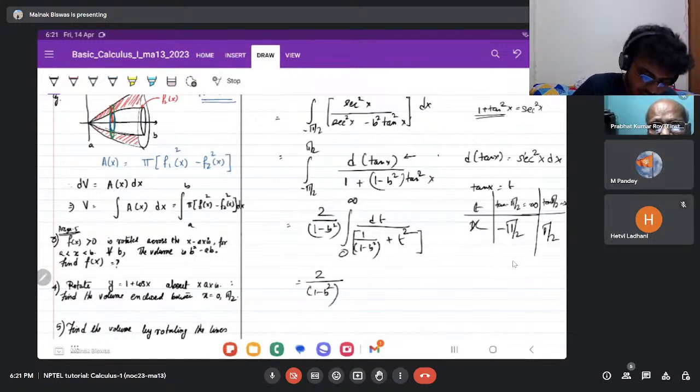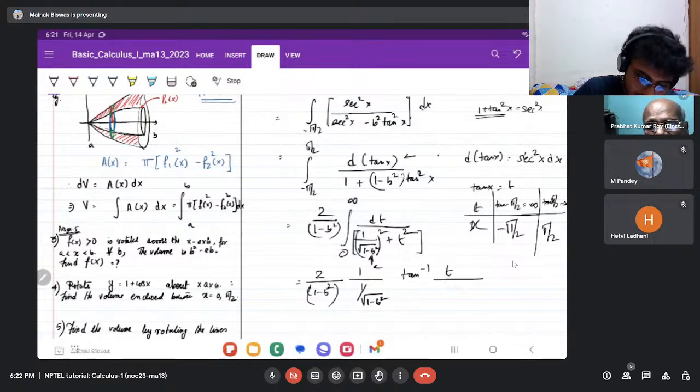So what is a here? This is your a. So it is 1 by b square tan inverse t by root over 1 minus b square, right?